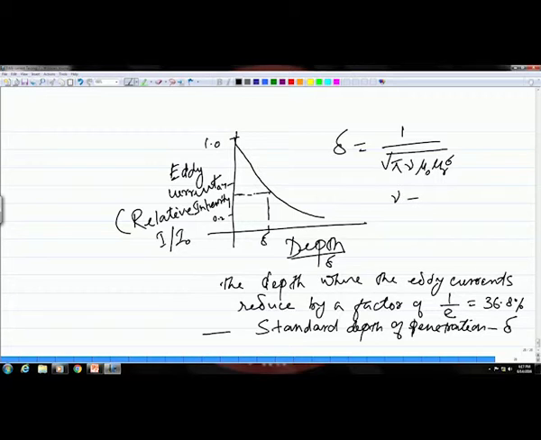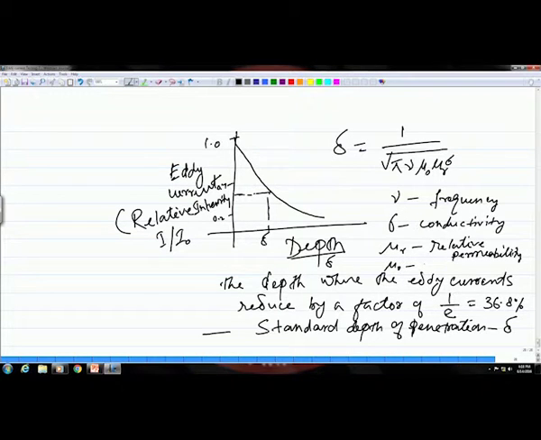Okay. So, nu is frequency, sigma is conductivity, mu r is the relative permeability of the material, and mu naught is the permeability of vacuum. Okay.